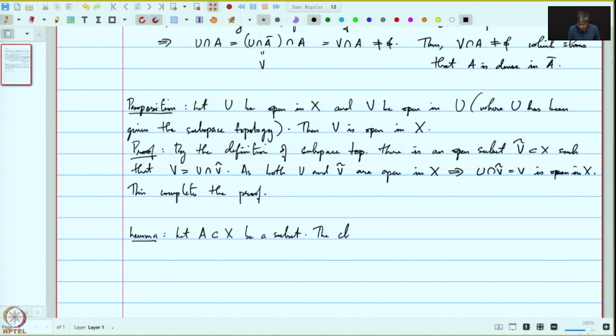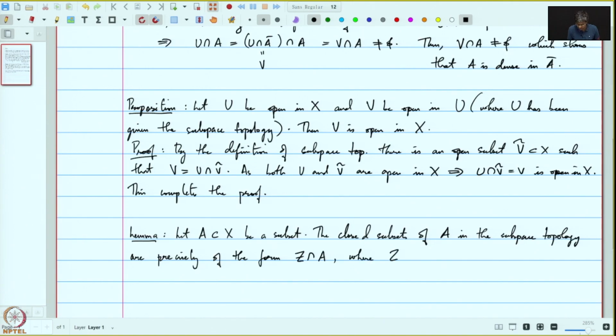The closed subsets of A, where A is given the subspace topology, are precisely of the form Z intersection A, where Z is closed in X.